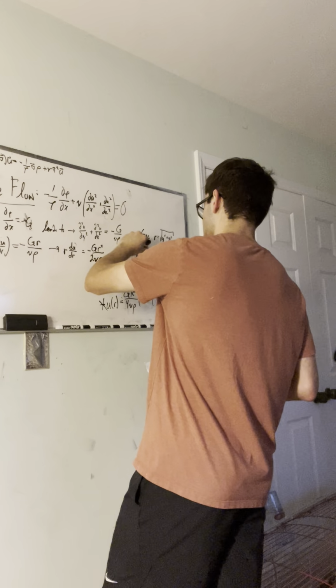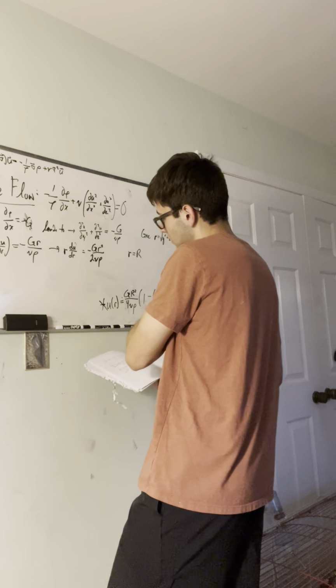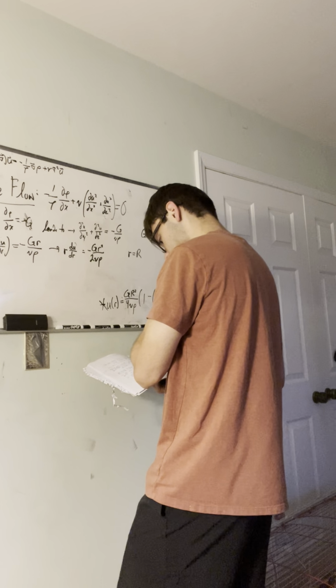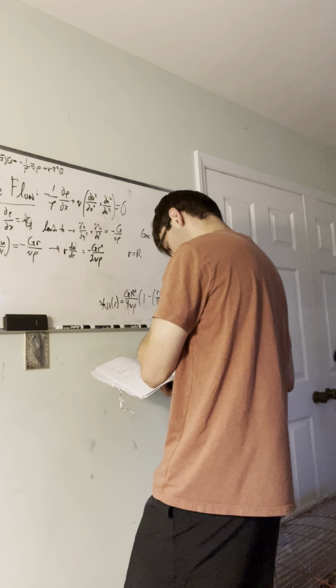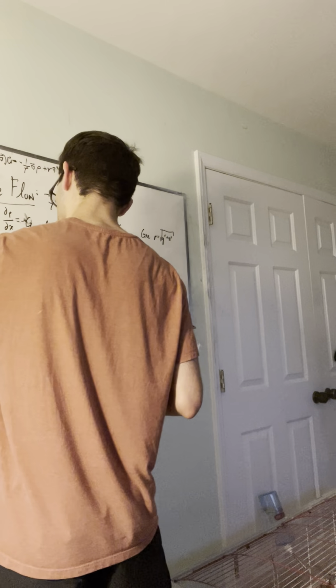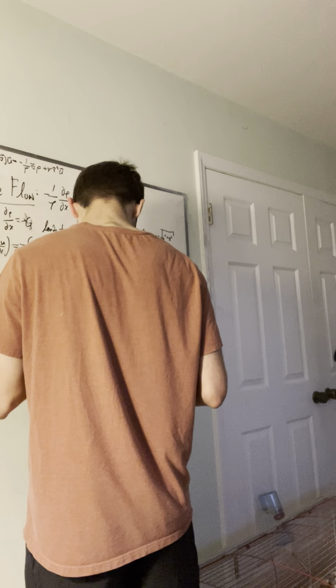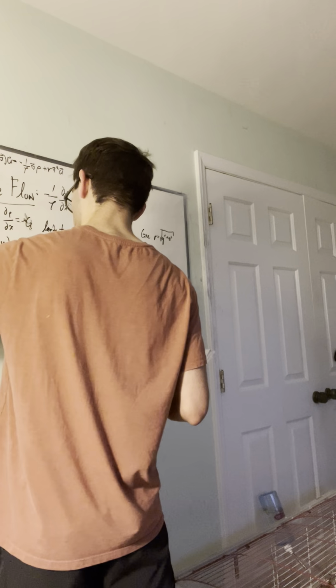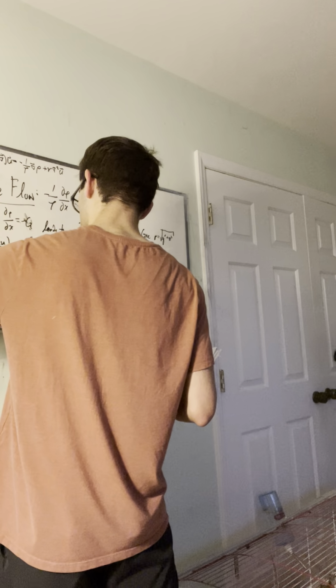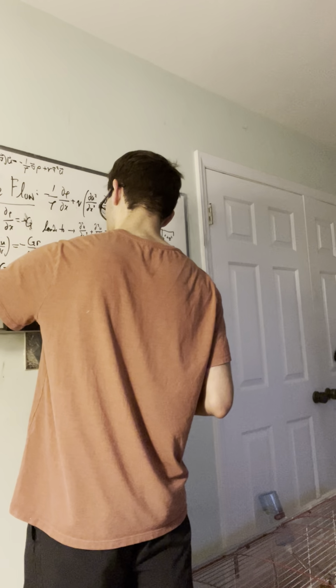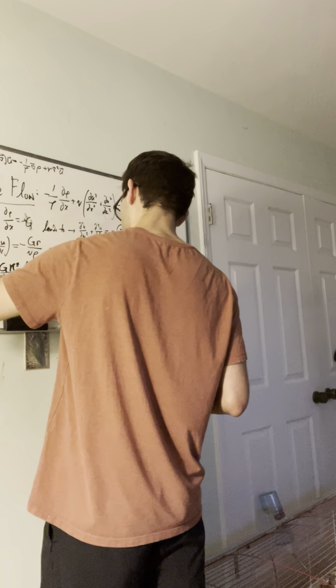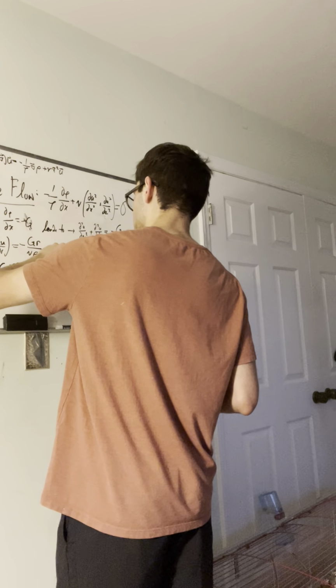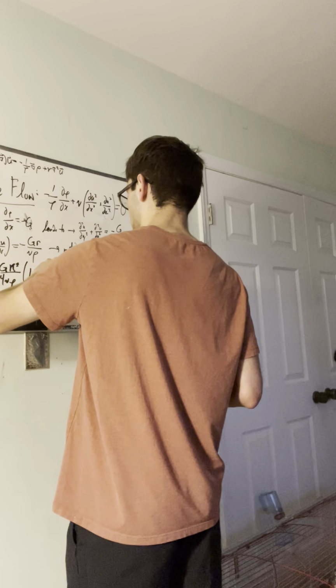Then you convert r to big R. Then we get u of r equals... excuse my language. g R squared divided by 4 nu rho times 1 minus square root of y squared plus z squared divided by R squared.